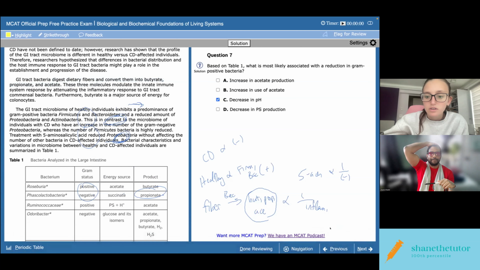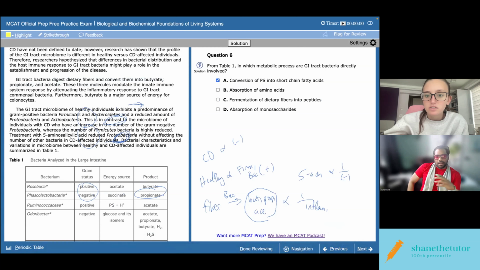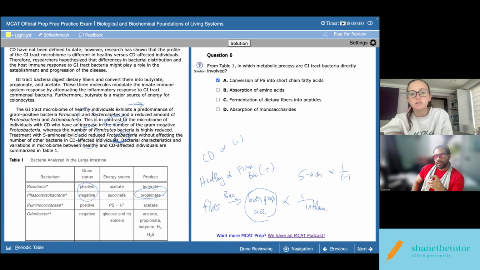It was B and D that were not related specifically to the bacteria's function. It happens in the gut, but it might not be regulated by bacteria, from the information we have.